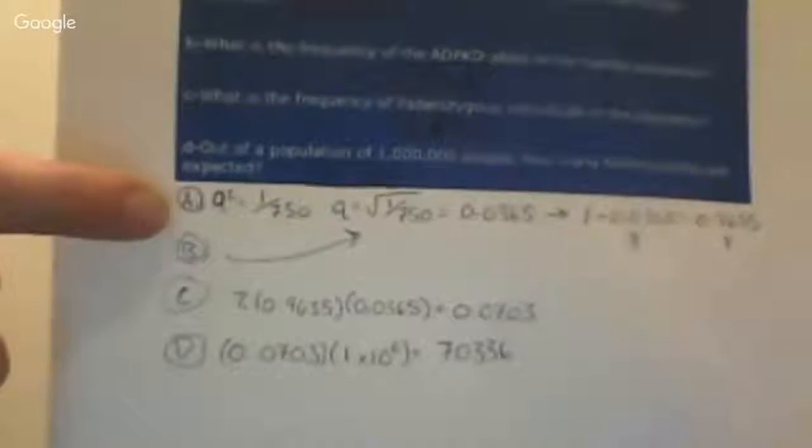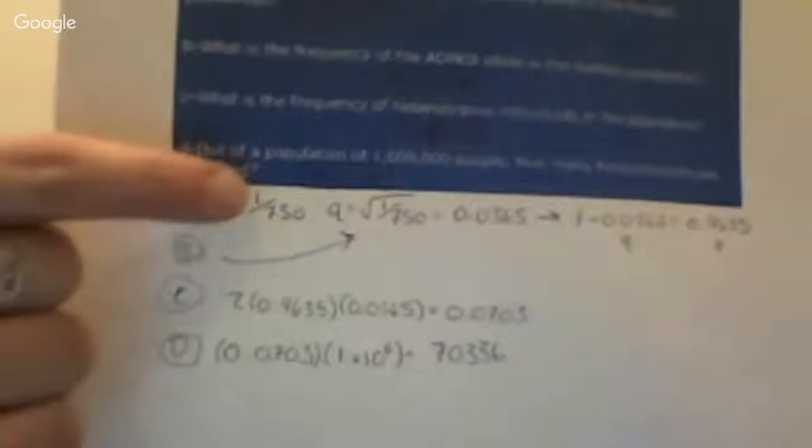So, with the data of 1 in 750 individuals affected by this disease, we're asked to find the frequency of the non-disease allele in the human population. And so that would be question A. So q squared is the genotype frequency, and that is just 1 over 750.